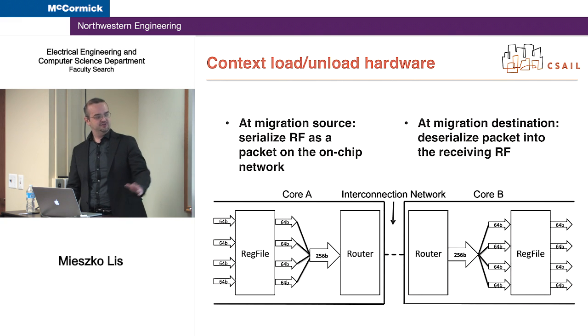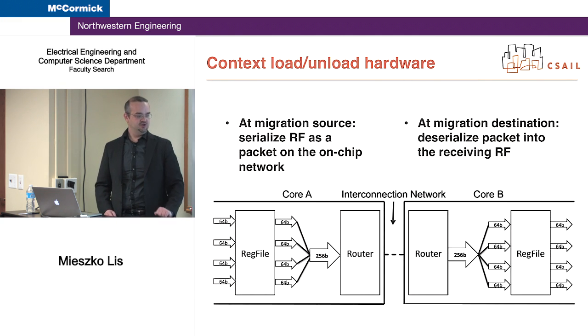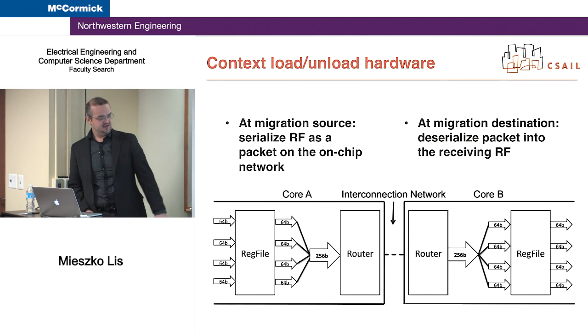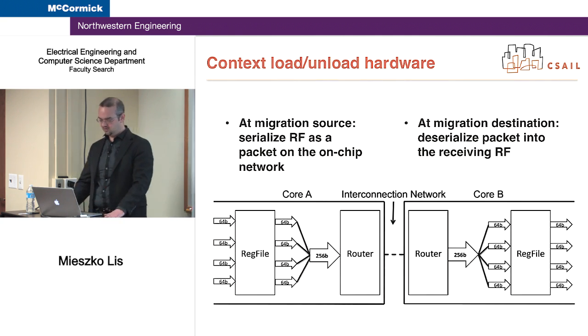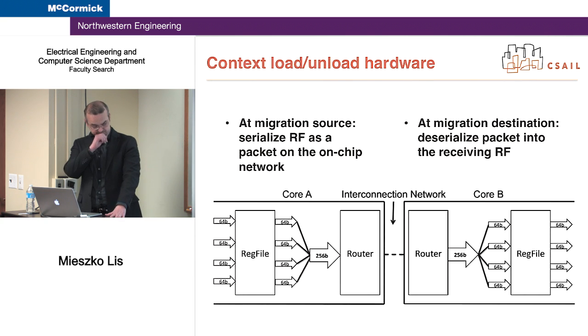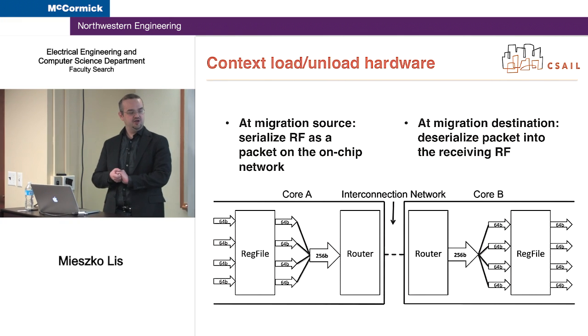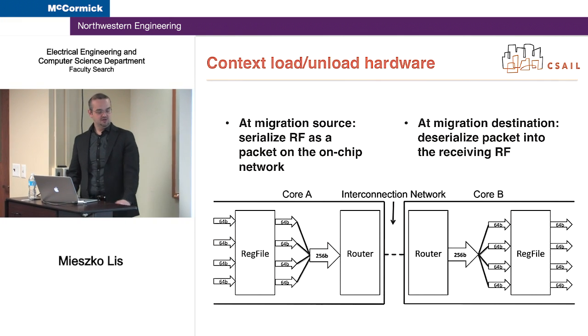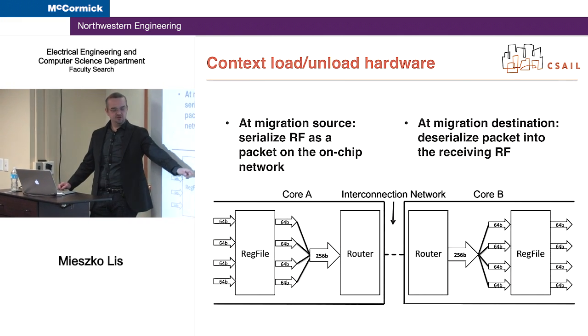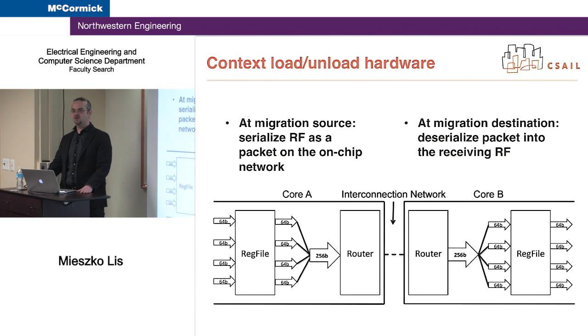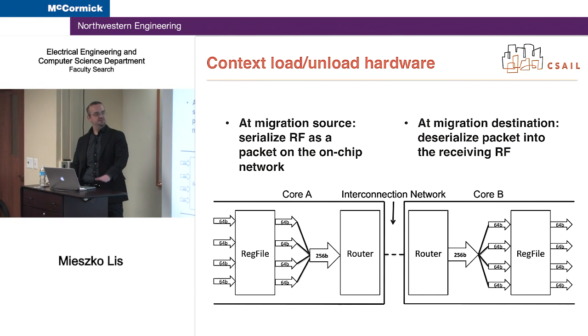In principle, if you look at this block diagram of a chip, you have some kind of register file which has the running context: the registers, the PC, and flags and whatnot else. And roughly speaking, you basically have to take this, serialize it onto the network, put it on the interconnect, and the interconnect will somehow deliver it to the other core, wherever it might be.